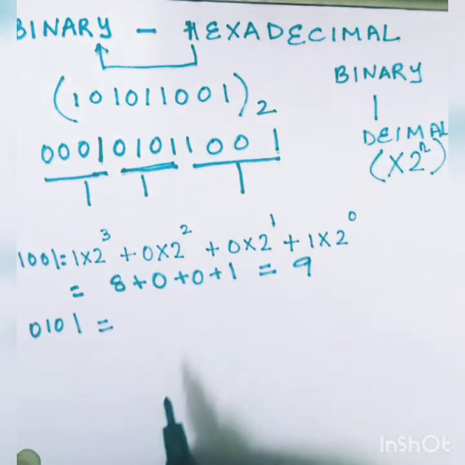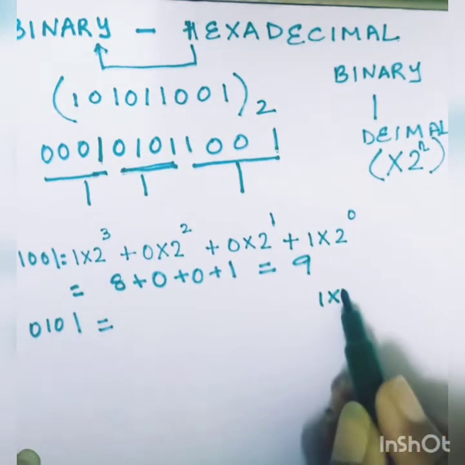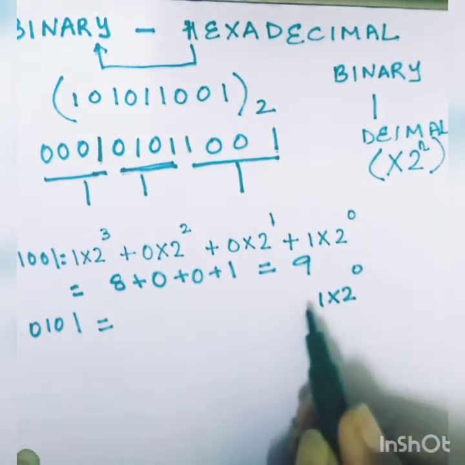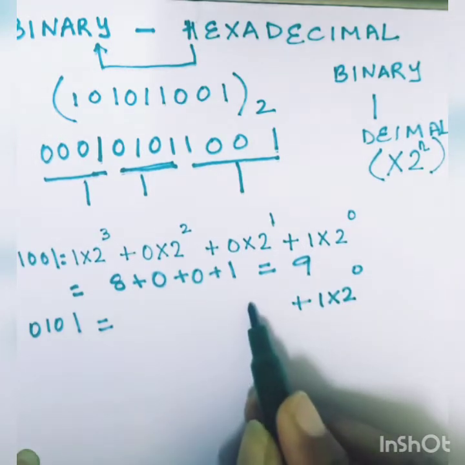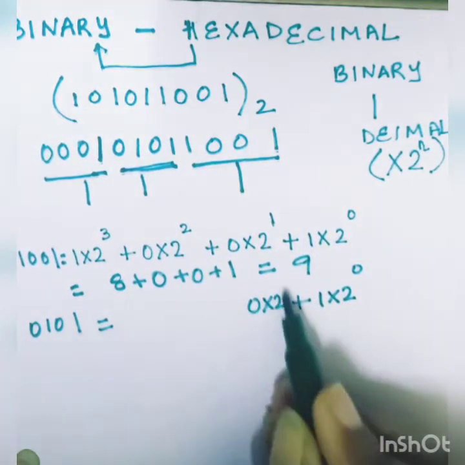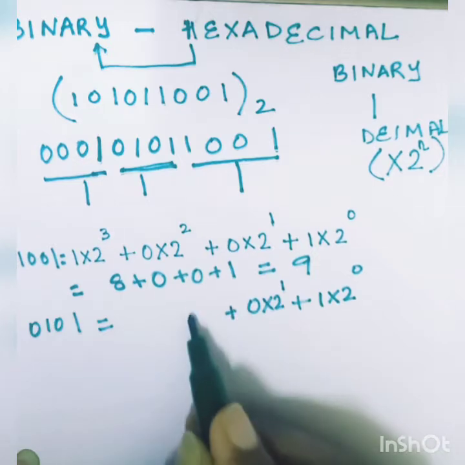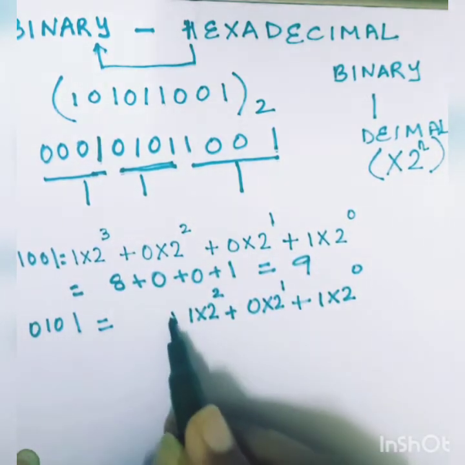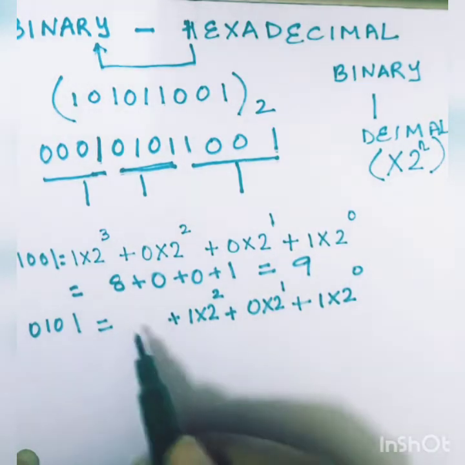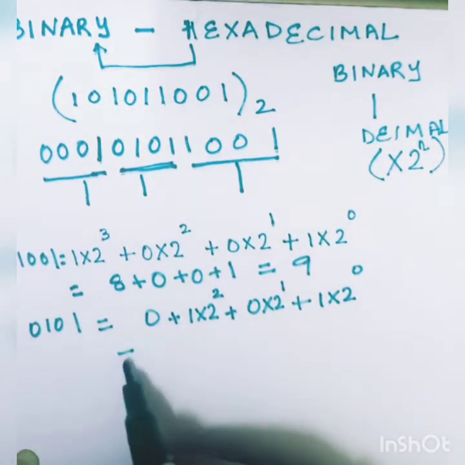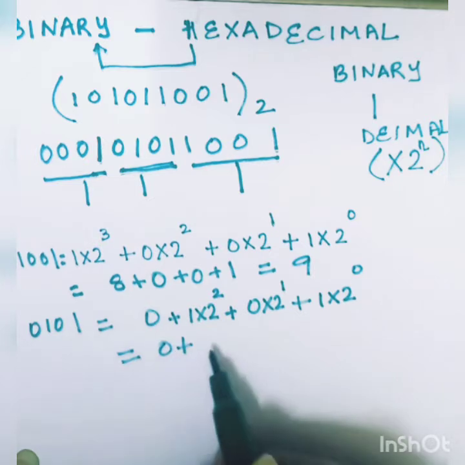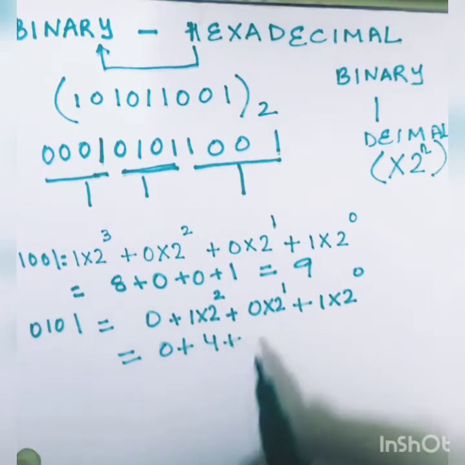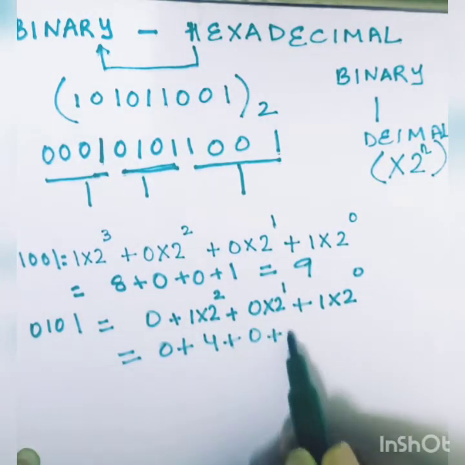So that is equal to 1 into 2 to the power 0 plus 0 into 2 to the power 1 plus 1 into 2 to the power 2 plus, do we need to write this? It will give us 0 only. So 0 plus 4 plus 0 plus 1.